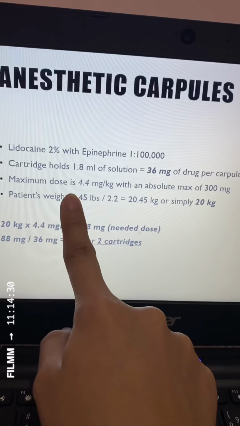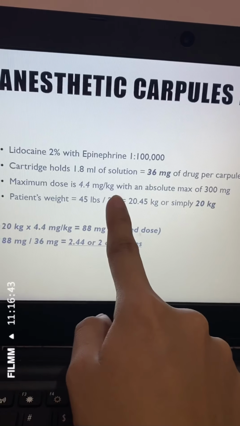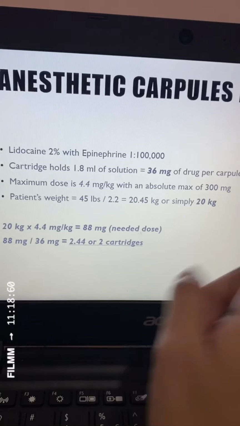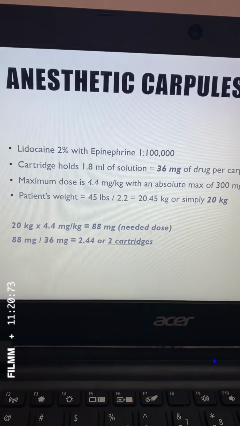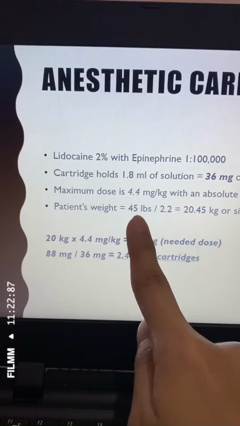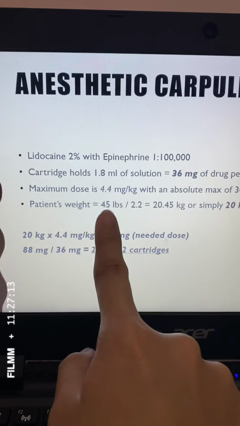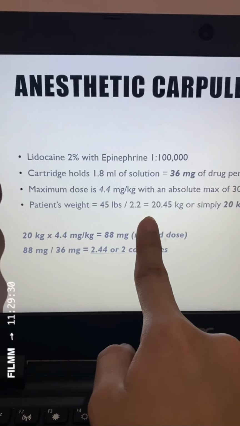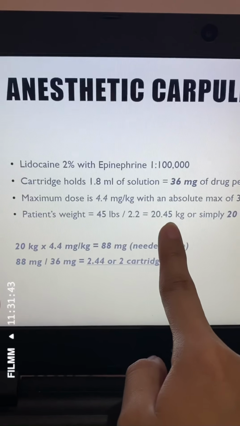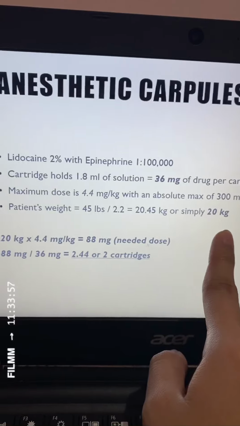So the maximum dosage is 4.4 milligram per kilogram with an absolute max of 300 mg. So if the patient's weight is 45 pounds, we need to convert it into kilogram. So 45 pounds divided by 2.2 is equal to 20.45 kilograms or simply 20 kilograms.